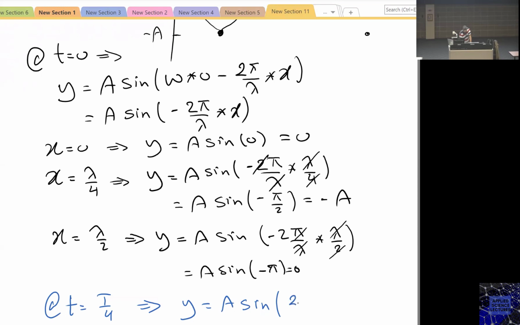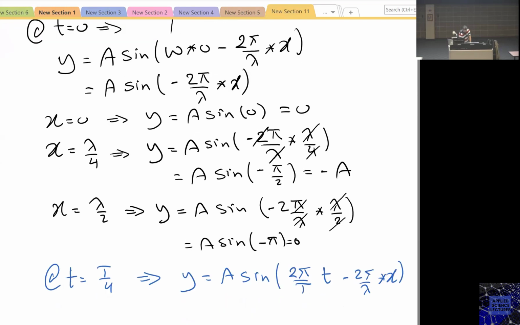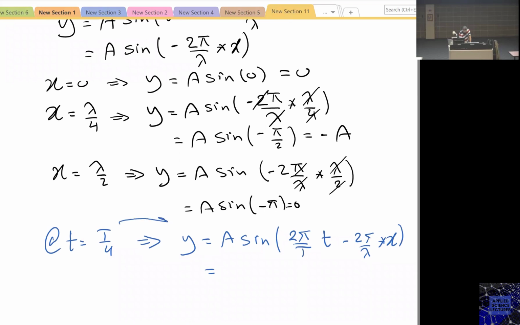Now here omega is 2 pi over T. The angular frequency, as a function of the period, is 2 pi over T, minus 2 pi over lambda times x. Now I will substitute. Then this is A sine 2 pi over T times T over 4 minus 2 pi over lambda x.